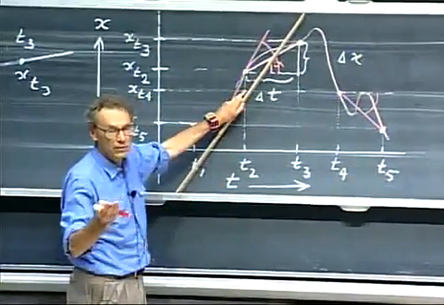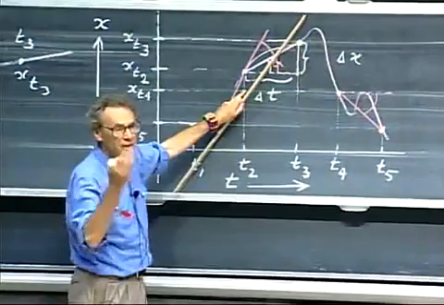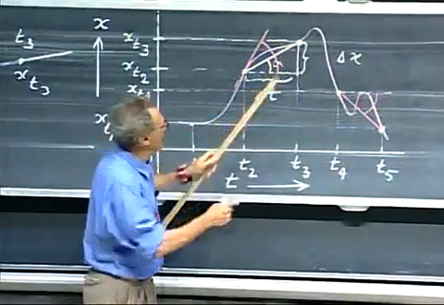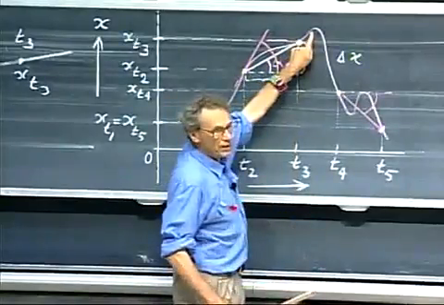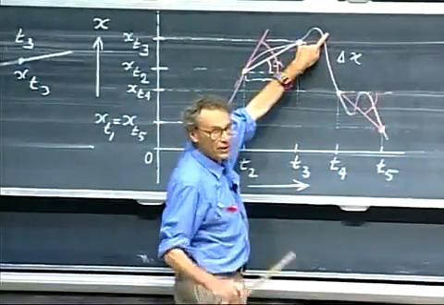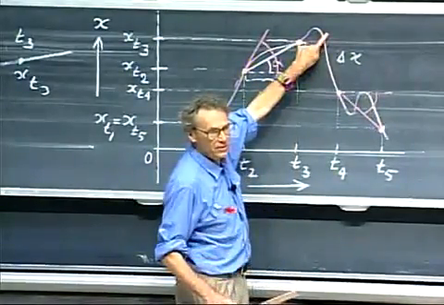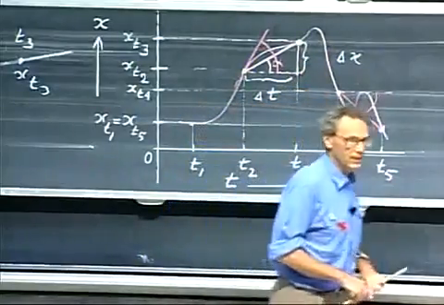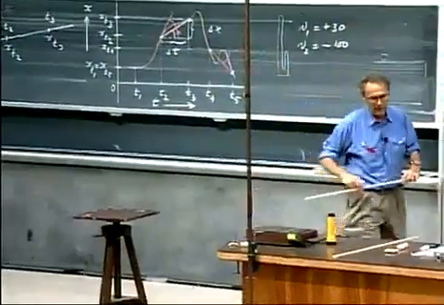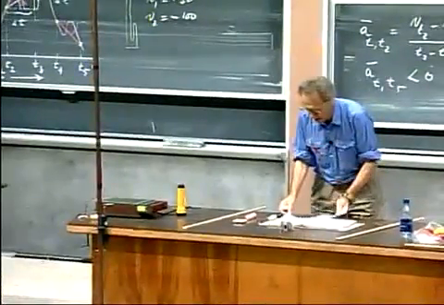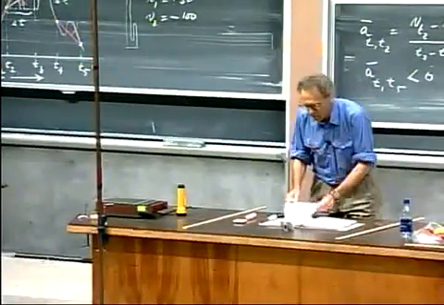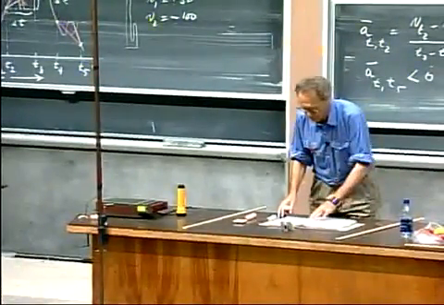What does that mean for the acceleration? 0. Exactly. Here, when it makes this rounding curve, the velocity is positive here, but on this side it's negative. So what does that mean for the acceleration? Negative. You got it. And so you can now roughly find where the acceleration is positive, where it's negative, and where it is 0.